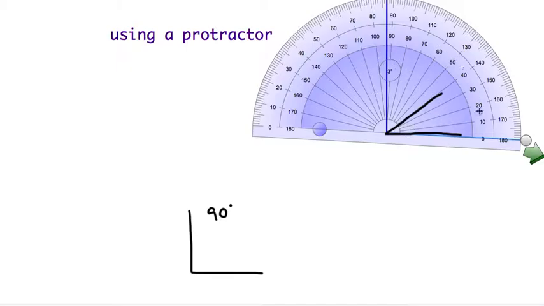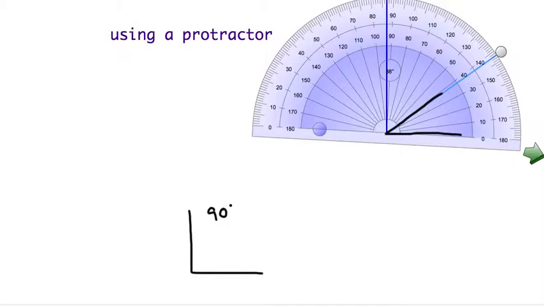So I'm going to use the inside track, and if I use my handy helper here, I can see that it is almost 40 degrees or about 38 degrees. There's no way that this angle could be 140 degrees because it is not larger than our angle right here, which is 90. And that's kind of always what we use to determine, is it a smaller angle or a larger angle?